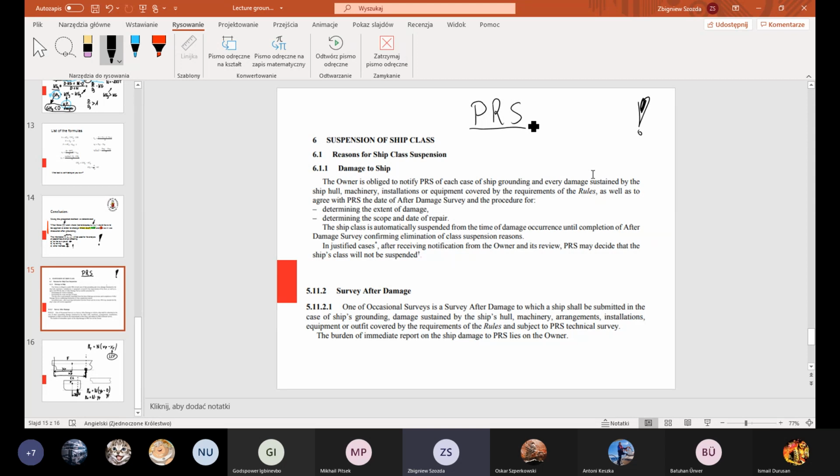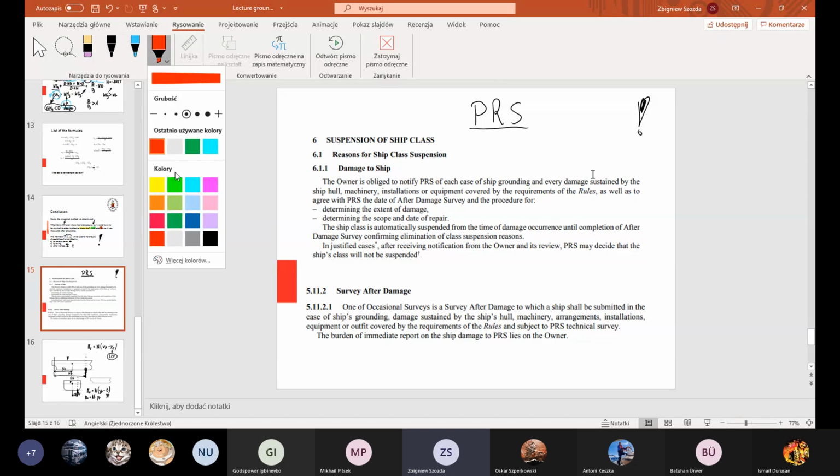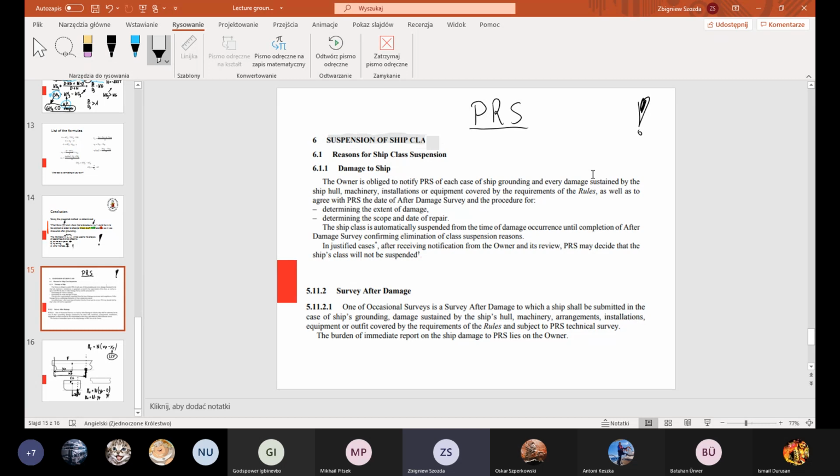So the text is taken from the rules of Polish Register of Shipping. And what is the title of this paragraph? Suspension of ship class. Reasons for ship class suspension.